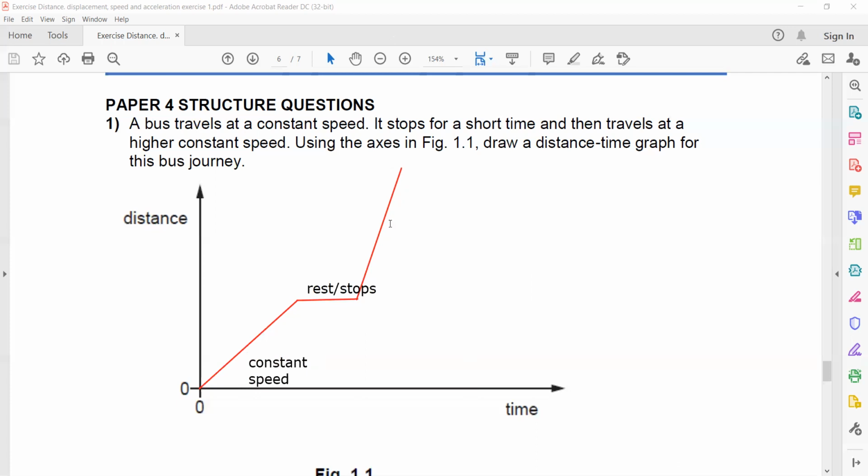And this one is also a constant speed. But what is the difference between the two constant speeds? This is a lower constant speed, a smaller value, and this is a higher constant speed. Is it clear? Question 1: how we complete the graph for distance-time to show the motion of this object. Is it clear to everyone?